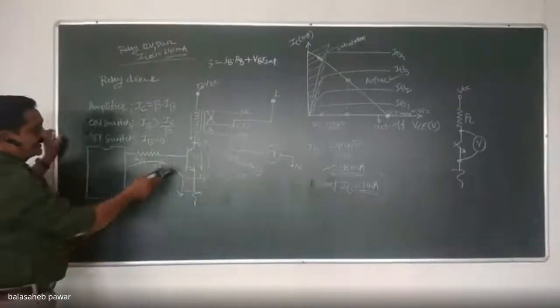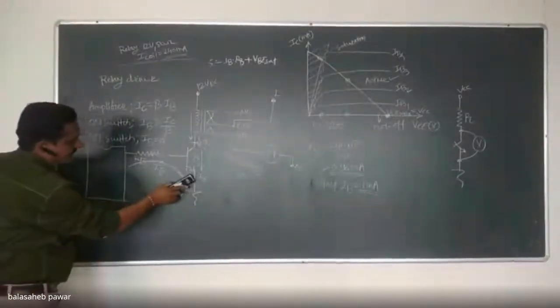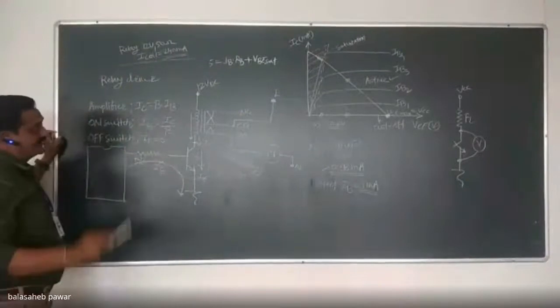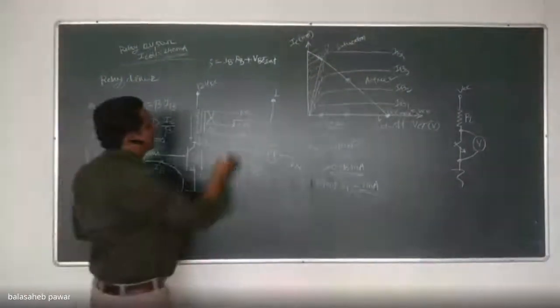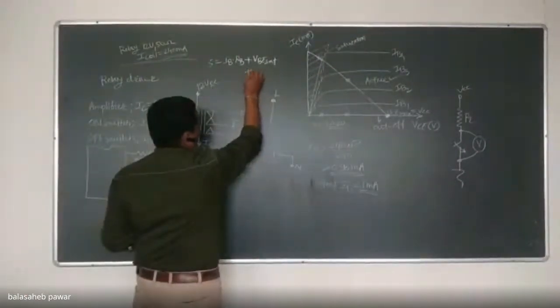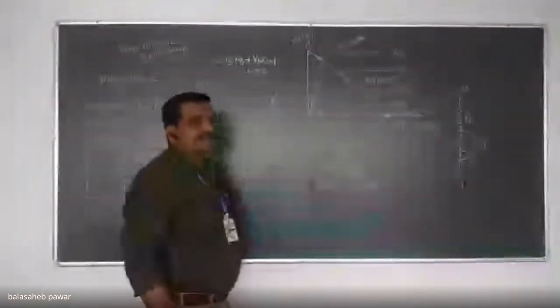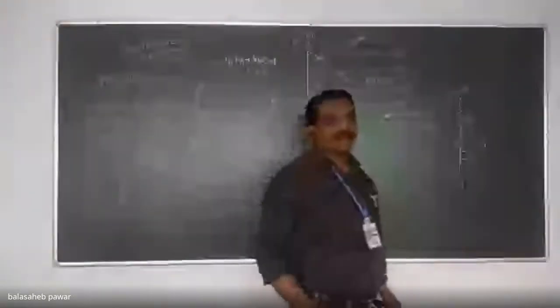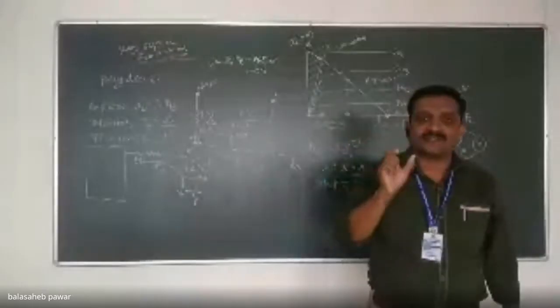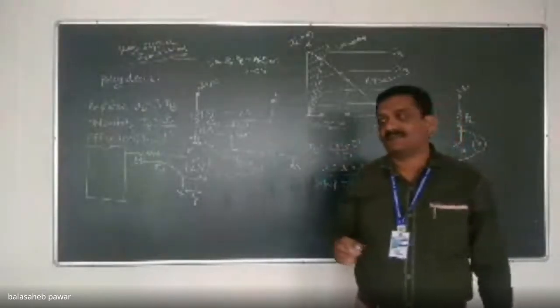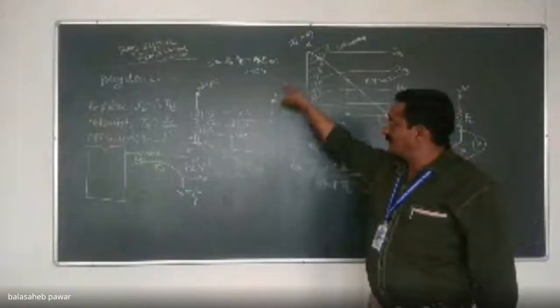That's why I have taken the base to emitter voltage of the transistor as saturation voltage, and at your end note down, this is always 0.8. It is to be taken as 0.8 volts. When the transistor operates in the saturation region, the voltage drop across the forward bias PN junction, that is the base to emitter junction, will be 0.8 volt.